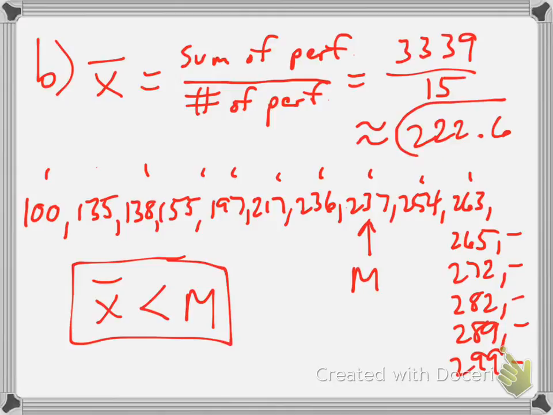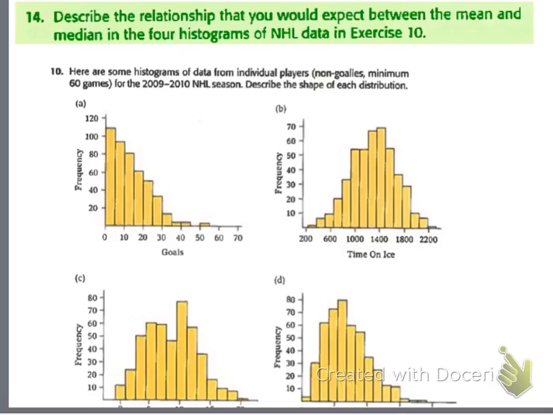Here's your mean, here's your median. It says describe the shape, we don't have to describe that, we'll scratch that out. Describe the relationship that you would expect between the mean and median in the 4 histograms of NHL data in exercise 10.